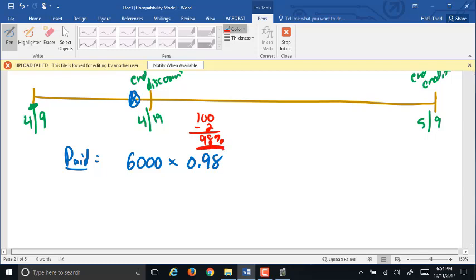That's where the 0.98 comes from. Which is what, $5,880 is the amount paid. Any questions there? Not so bad? We're about halfway there.